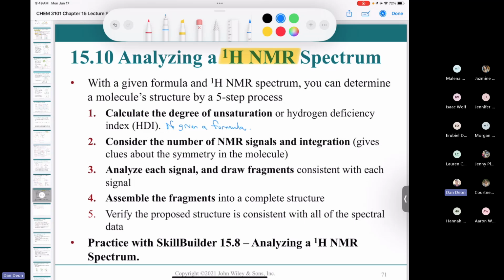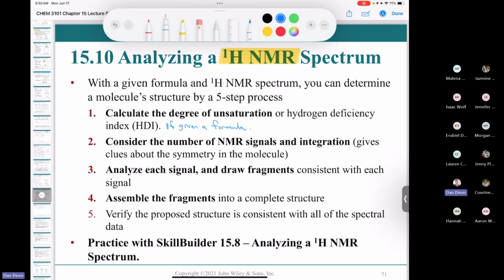If you have a molecule that's got 8 carbons, but you've only got 1 signal or 2 signals, well, that's pretty much a giveaway that you've got some serious symmetry in there somewhere. Integration, of course, try to do the math as much as you can and figure out how many relative protons there are for each signal.